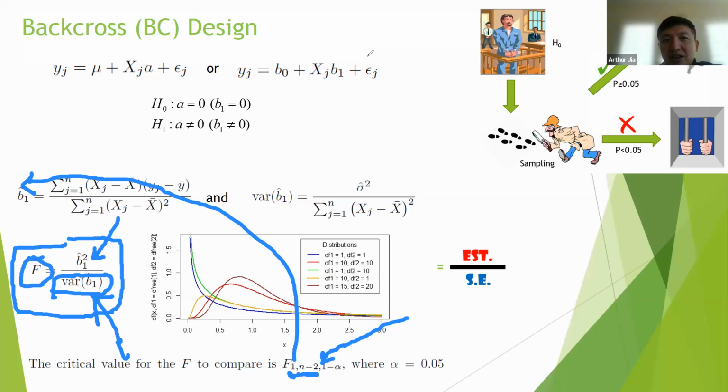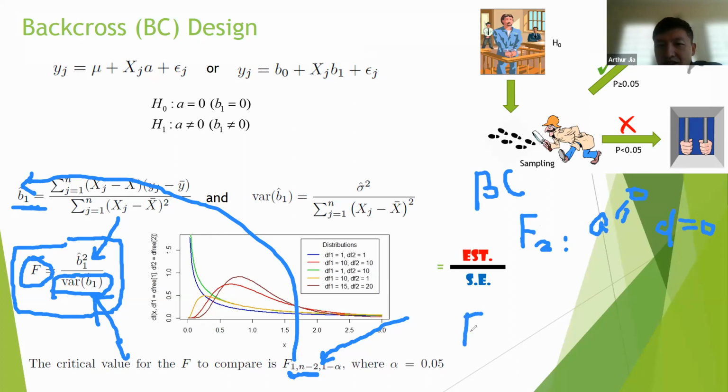So I'm going to answer Adrian's question. So sometimes if we want to test, this is a backcross design. So we only want to test a single effect. But for an F2 design, we may want to test additive effects and the dominant effect together, right? We want to test these two simultaneously. Then we can construct an F test with the degrees of freedom equal to 2 and n-3.